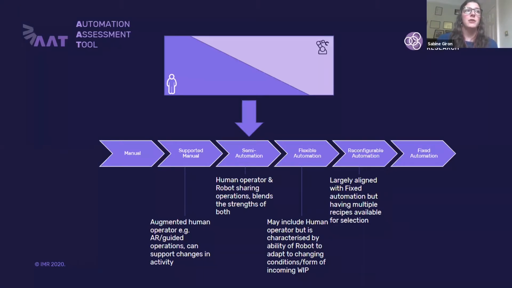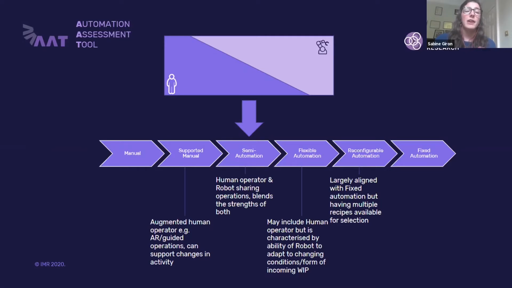Then we have semi-automation, a blend between human and robot sharing their operation at different levels. Then we have flexible automation, where the robot system is able to quickly adapt to a change in the product or the process, thanks to sensors, vision systems, and flexible technologies.